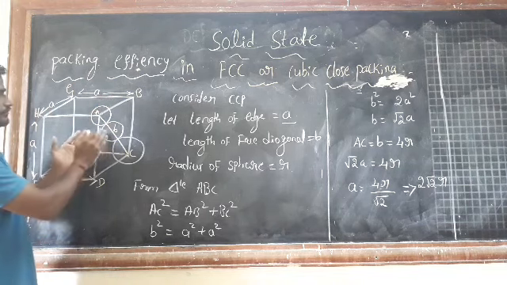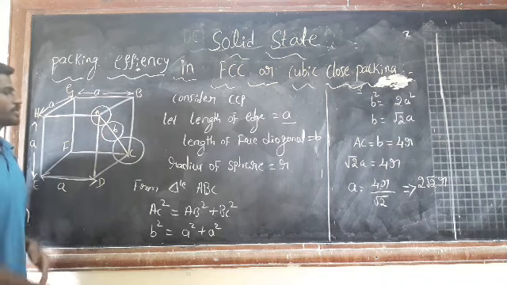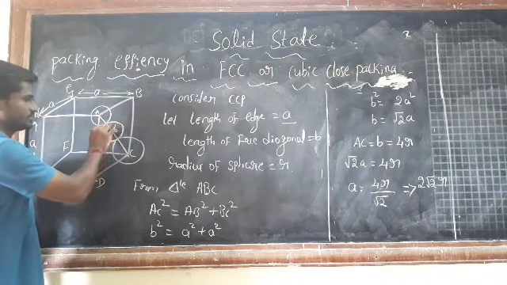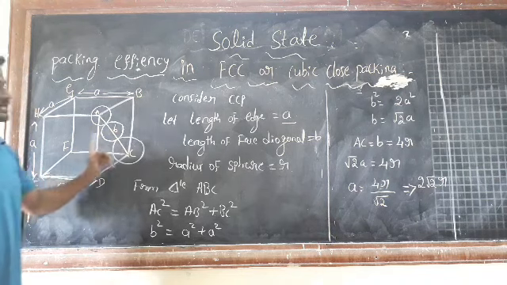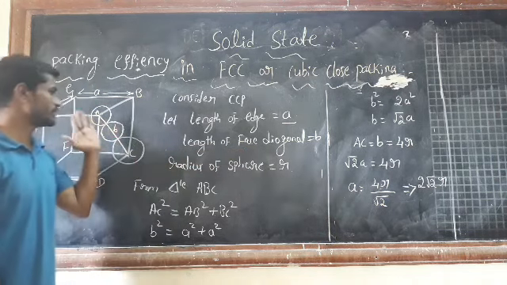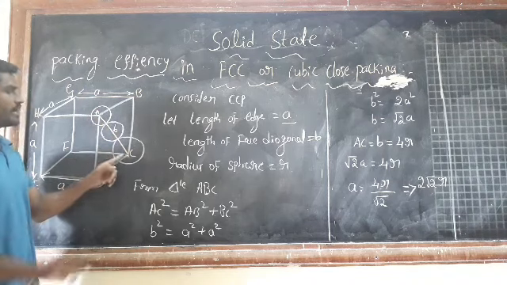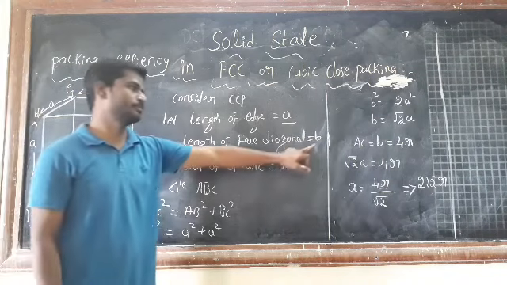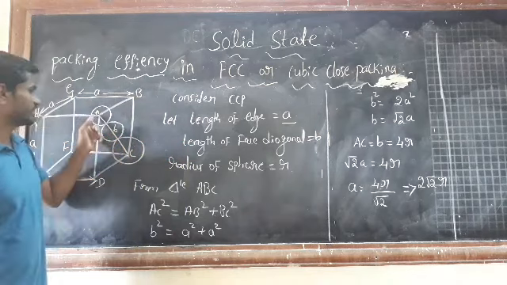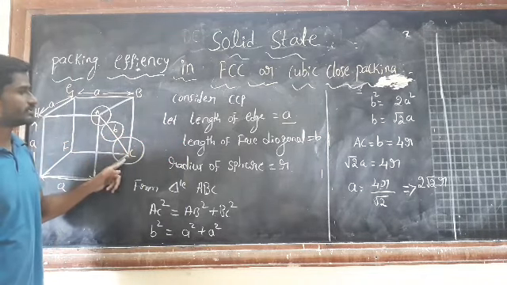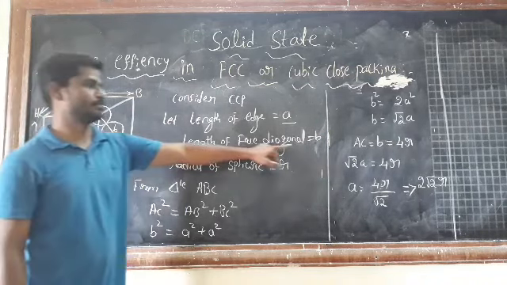That's why we consider one face of the FCC and take the face diagonal AC, having length B.